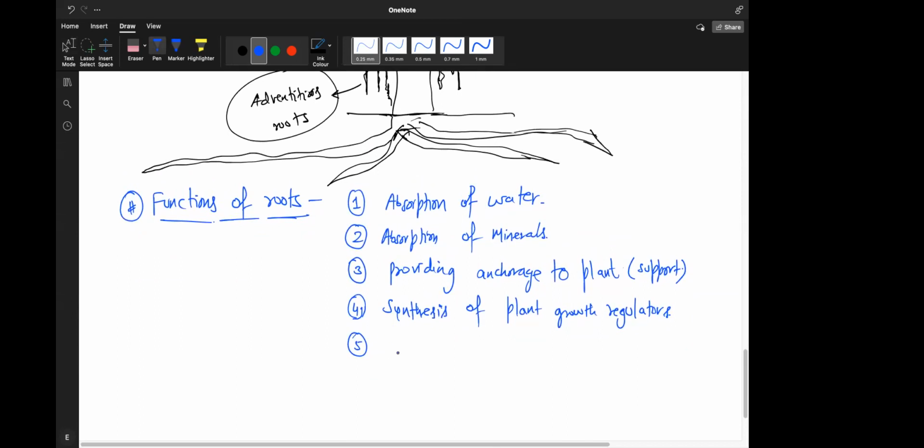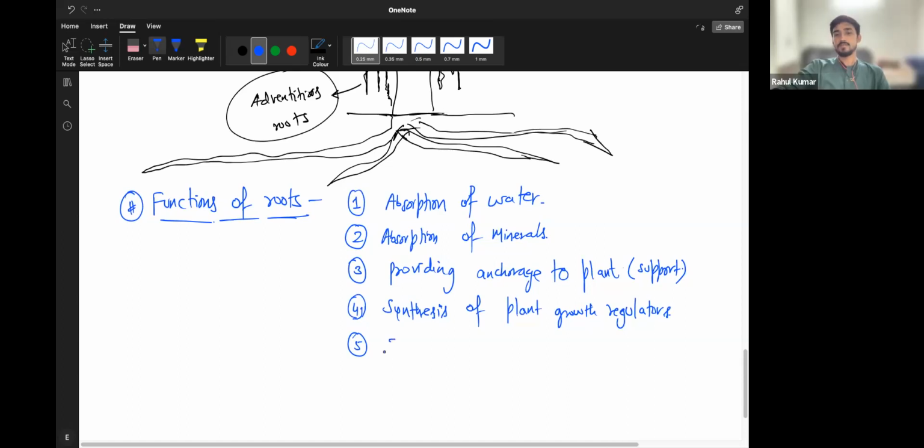Storage of food. Yes. So storing reserve food material, as starch or other tissues. So these are the major functions of root. Clear? Yes or no?